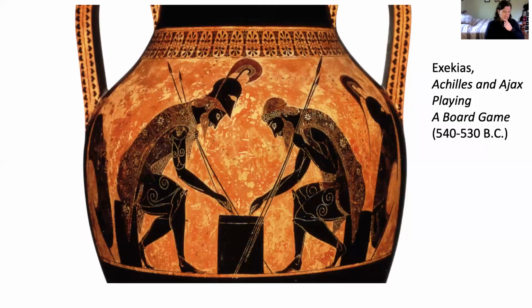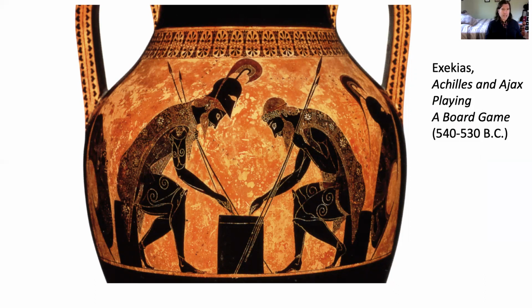There are stories in Greek mythology, various stories about Ajax competing for Achilles' armor once Achilles died and losing that competition. And at least in one version of the story, Ajax commits suicide.